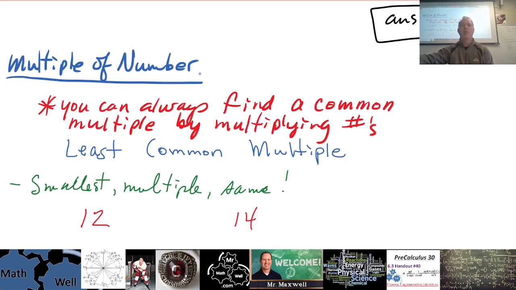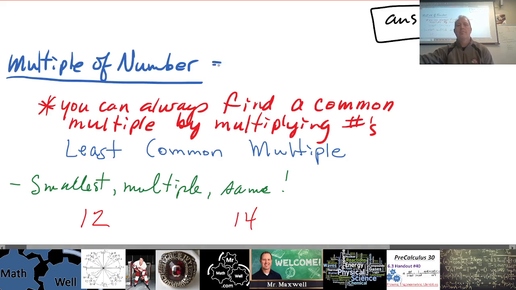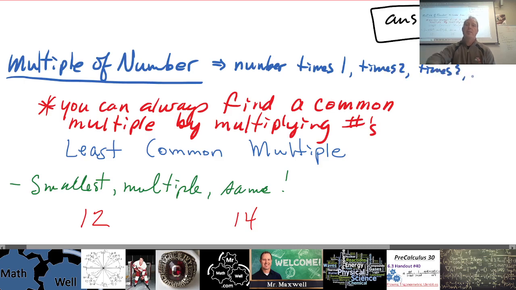So a multiple of a number would be the number times 1, that's the first multiple itself, and then times 2, that's the next one, and then times 3, and so on.